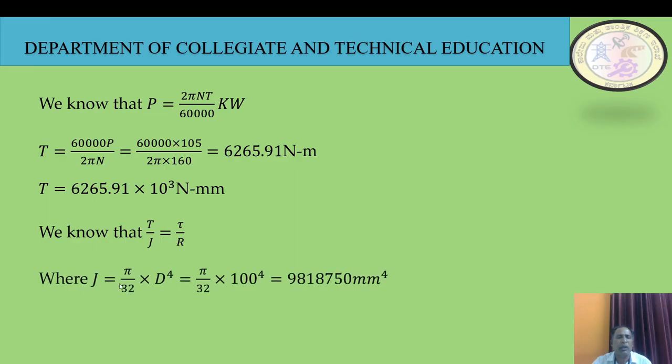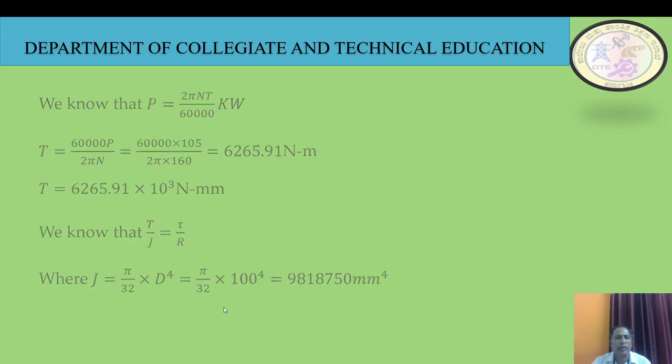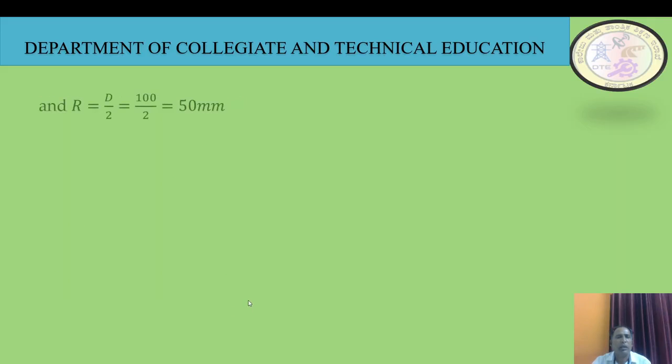The polar moment of inertia of a solid shaft is pi by 32 into d raised to 4, that is pi by 32 into 100 raised to 4. It will be 98,18,750 mm4, and the radius of the shaft is half of the diameter, that is 100 by 2, that is 50 mm.